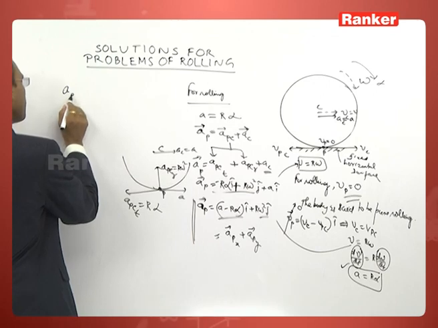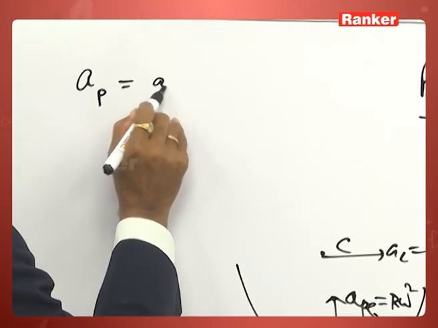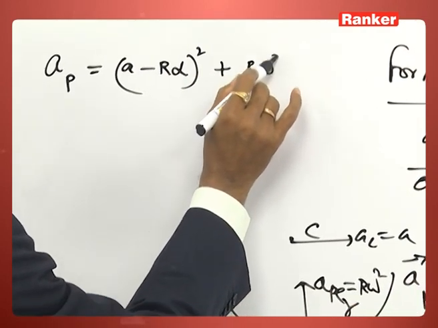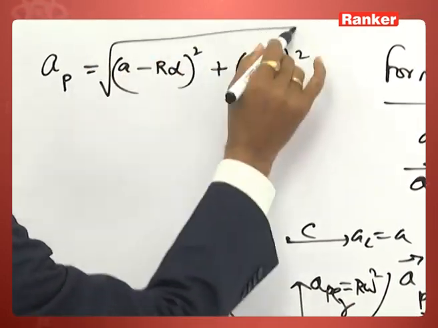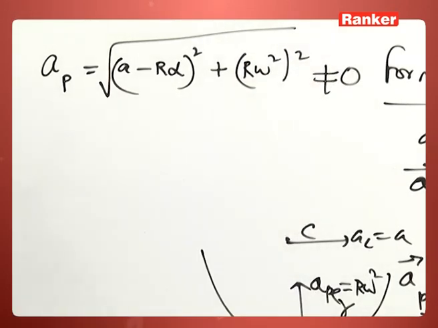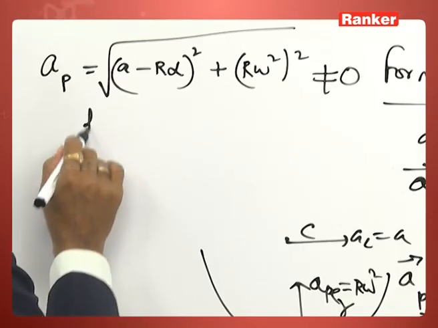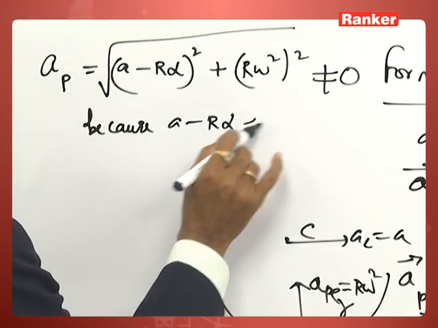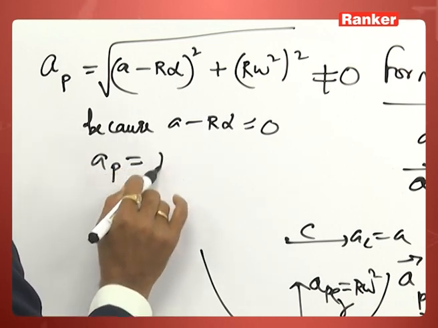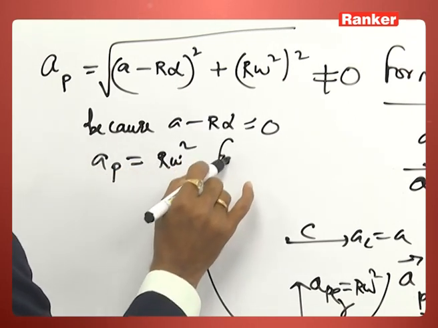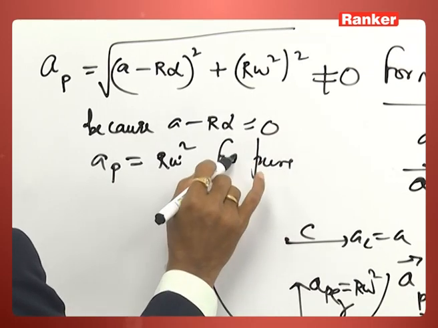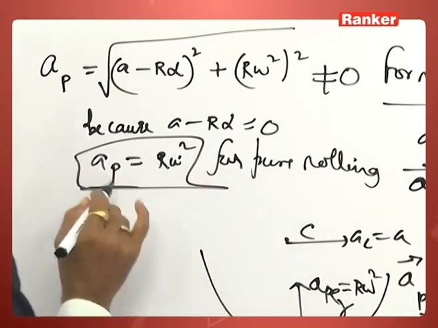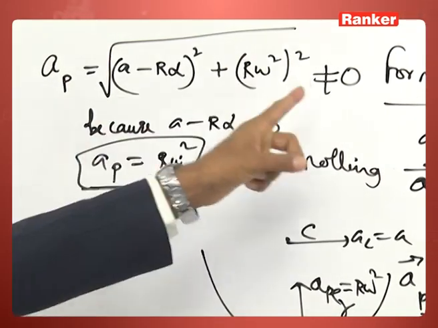Acceleration of this point P is equal to the square root of A minus r alpha, squared, plus r omega square, squared, which is not equal to 0, because A minus r alpha is 0, AP is equal to r omega square for pure rolling. Acceleration of this point P is not equal to 0.